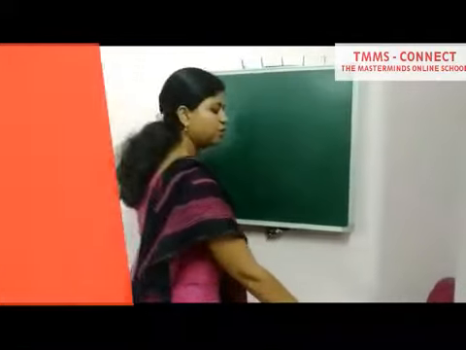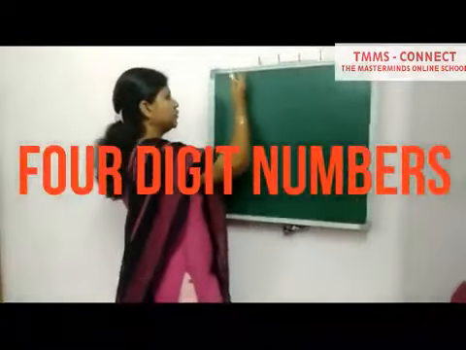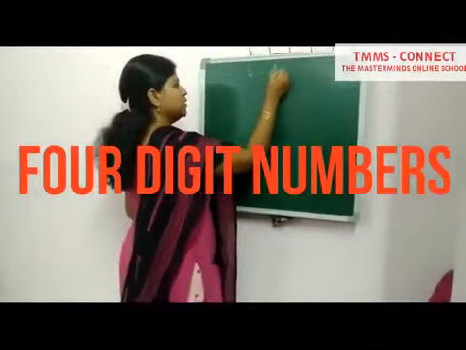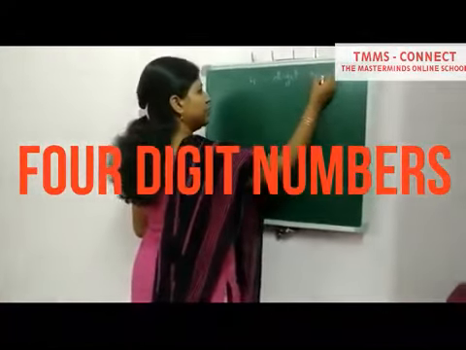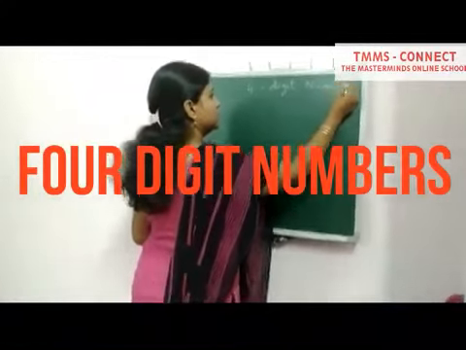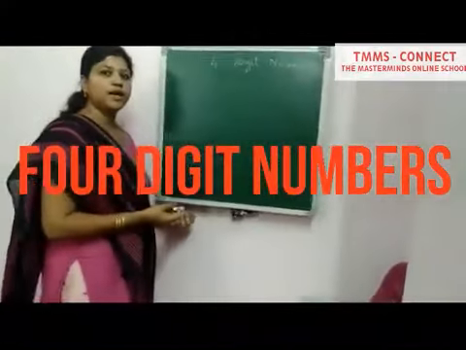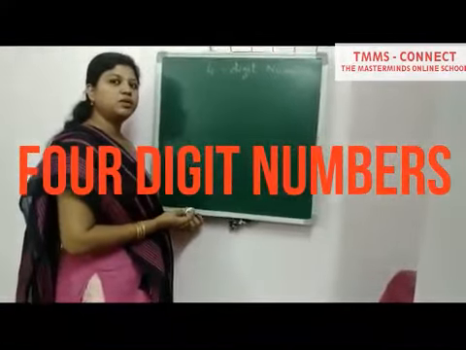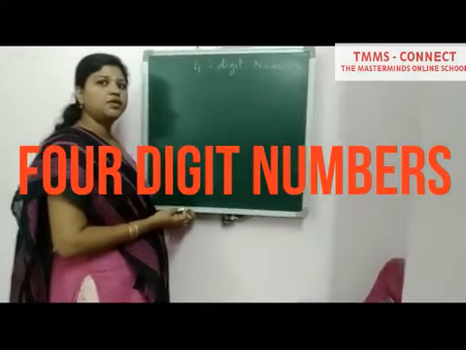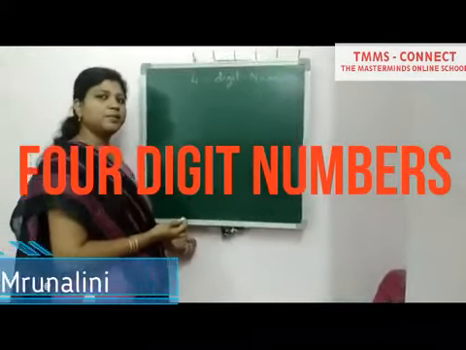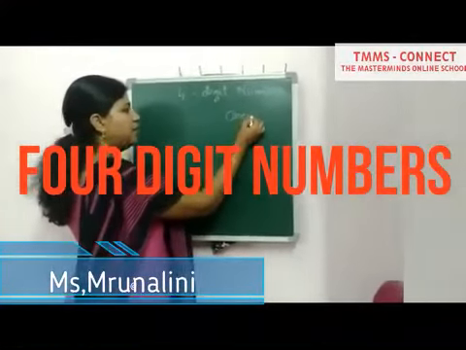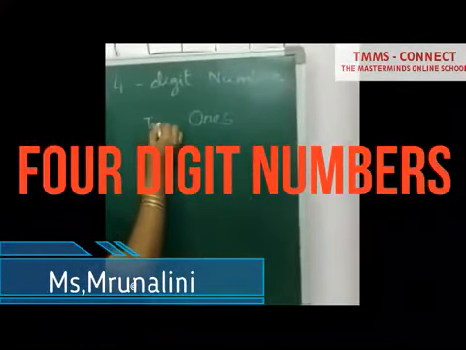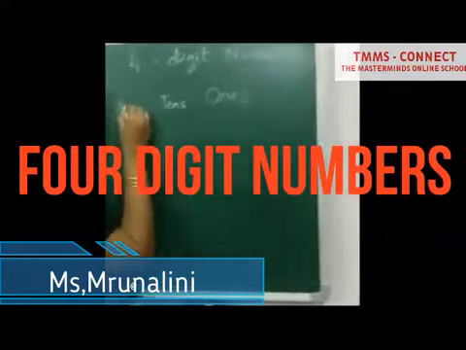Okay. So when we go to the four digit numbers, how do you read a four digit number? Before that, do you all know the place values? How do you read the three digit number? Tell me the place value. Ones, tens, hundreds.